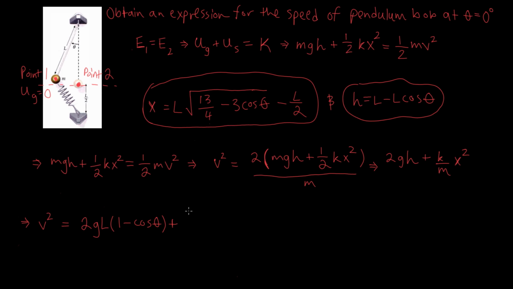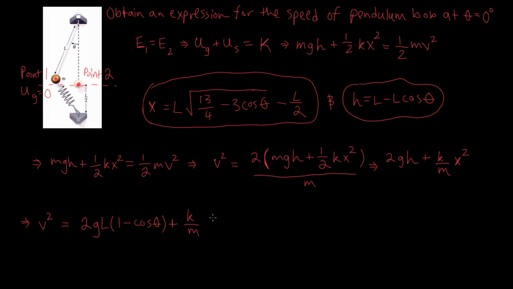And let's plug in our value of x squared. So we would have to square this entire expression right here. Also notice that each of the terms inside of x has the variable L. So we can factor out the variable L from both of these terms in order to simplify things.